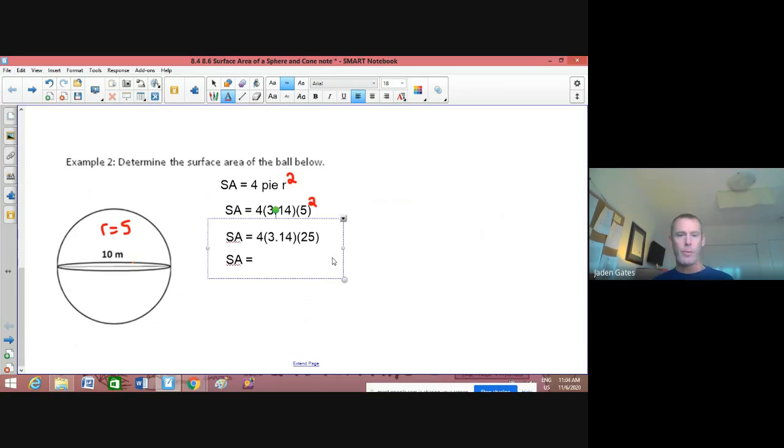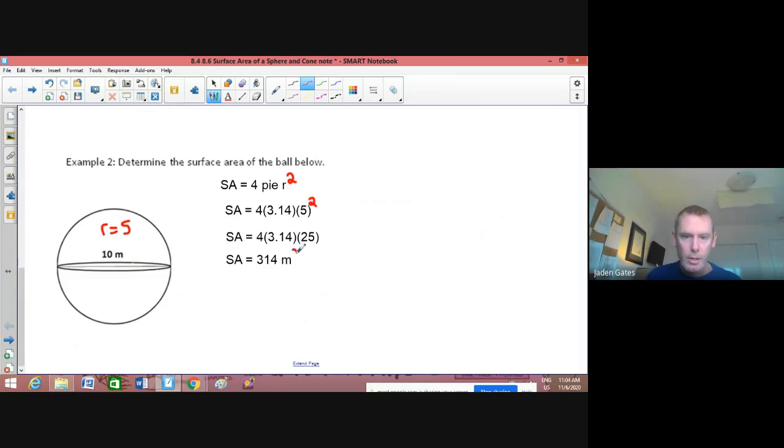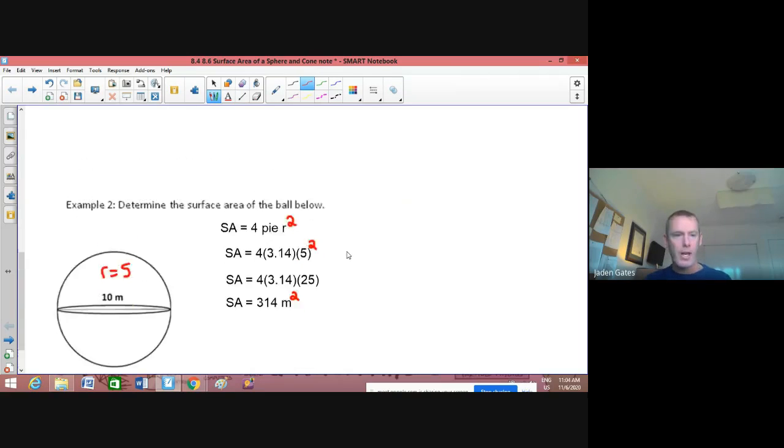So 4 times 3.14 times 25. Let's see, actually I can do this one in my head. 4 times 25 is 100, and times 3.14, we just move the decimal place 2 to the right. So it'd be 314. Talking about meters squared. There we go. All right, so that's our sphere.